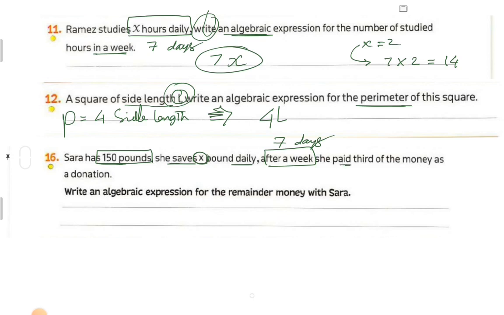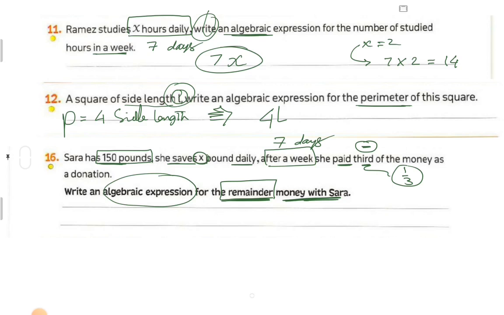What does a third mean? A third means 1/3. Don't forget. Now write an algebraic expression for the remainder money with Sarah.